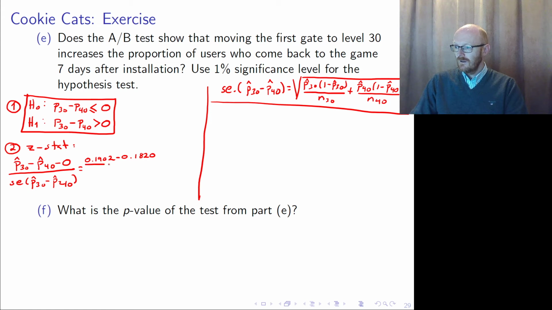That's the difference. And for the standard error, we have the equation up here.